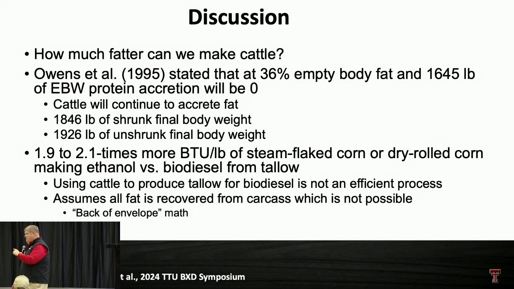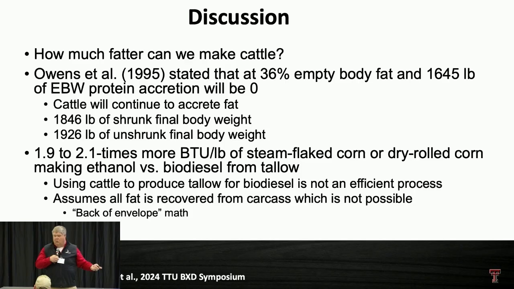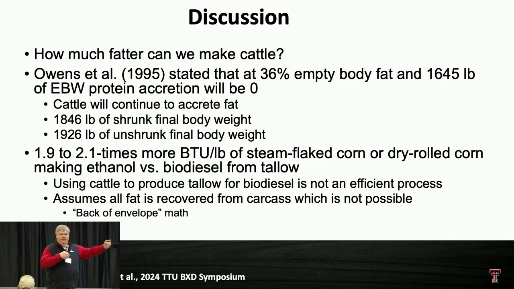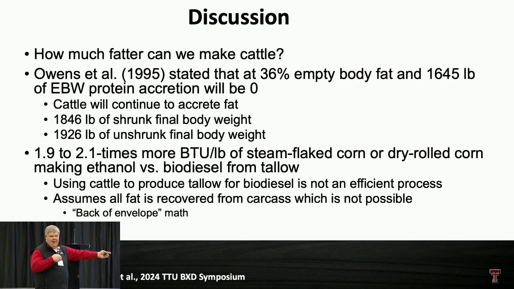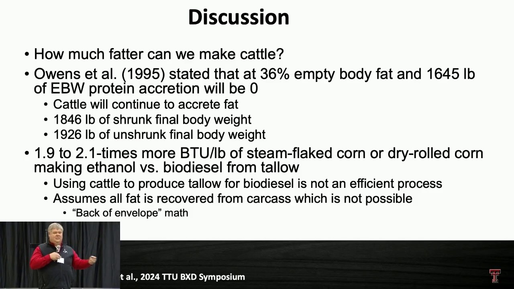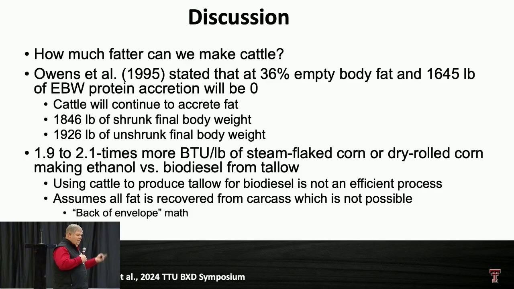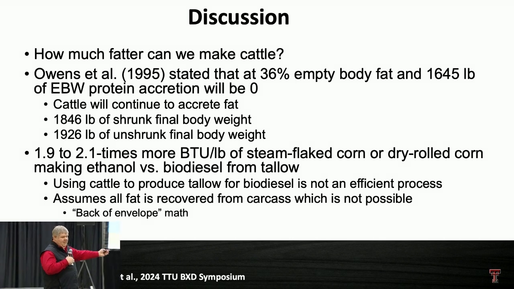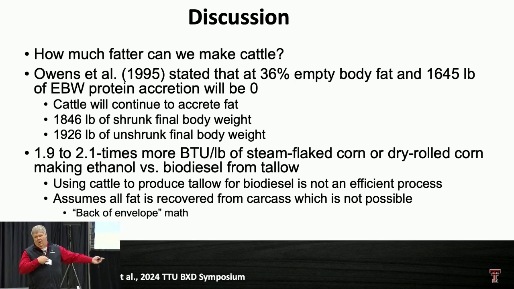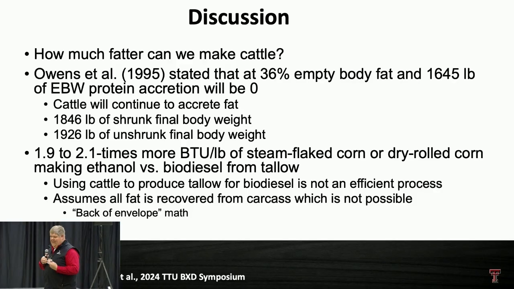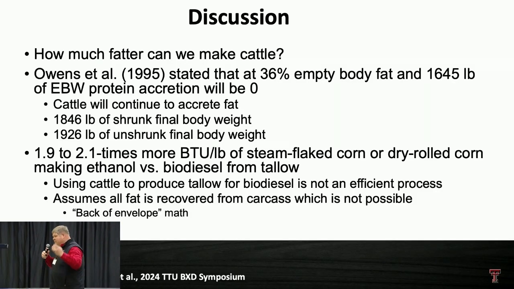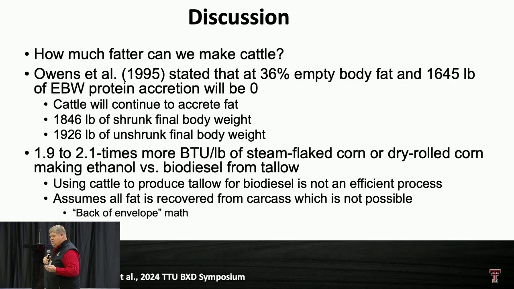Because part of this discussion is, well, we're just making more tallow because tallow is valuable, because tallow is being procured for the carbon market to make biofuel. Well, what this says is you're a hell of a lot better off taking the corn and making ethanol for fuel. You're 2 times more efficient making corn ethanol than you are making biodiesel from beef tallow. So that's not a good solution.